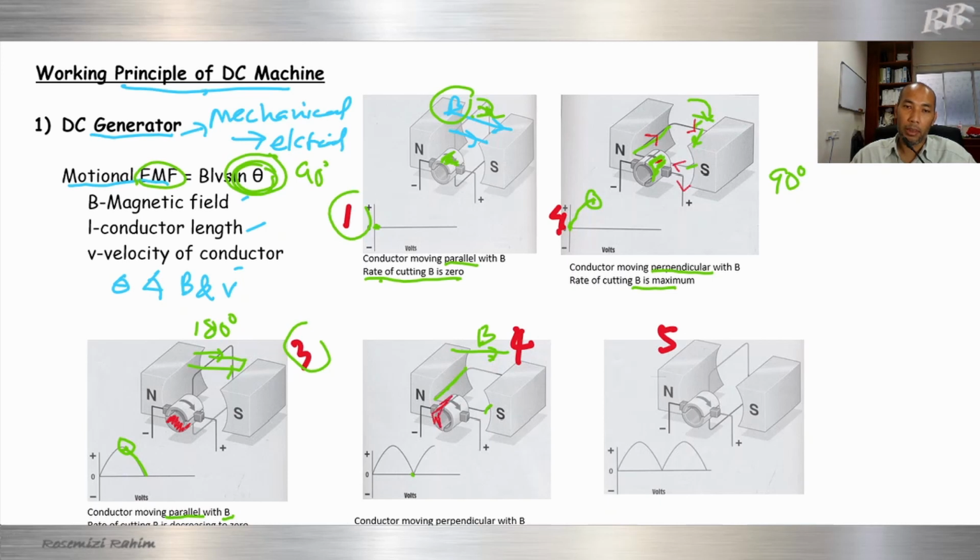So the current is still in this direction, the same direction. That's why the waveform is still like this. This means the commutator is used to maintain the correct polarity, so the polarity will always be the same.